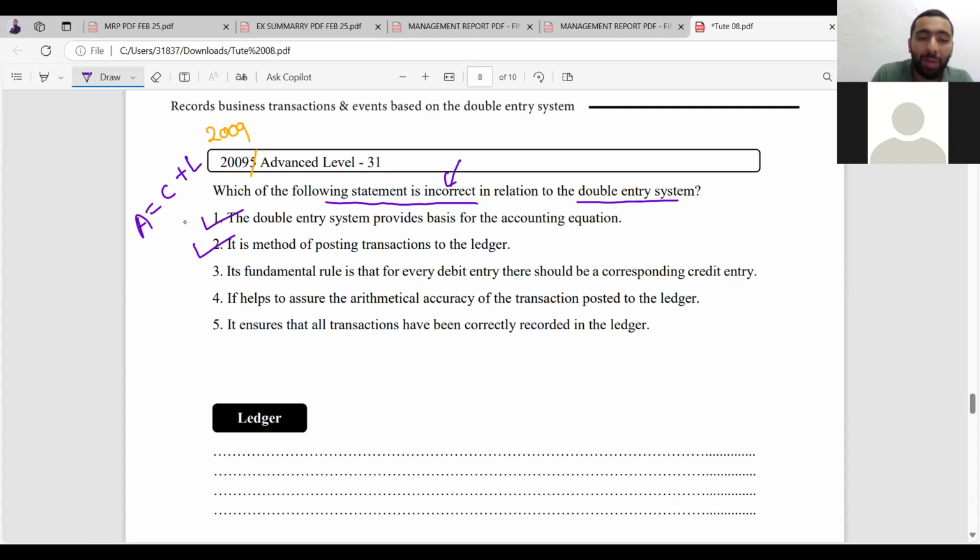Isn't that right? I have told you that for every debit entry there is a corresponding credit entry. So it is important to keep in mind that for every debit there is a credit, right? It helps to assure the arithmetical accuracy of transactions posted to the ledger, right?